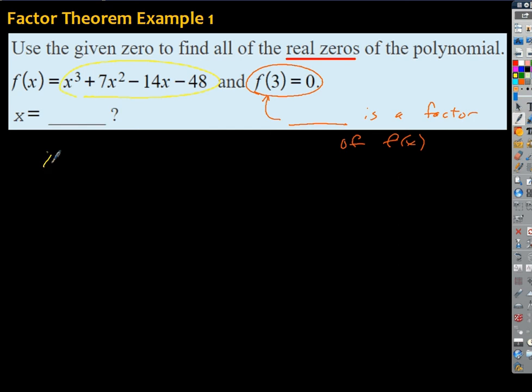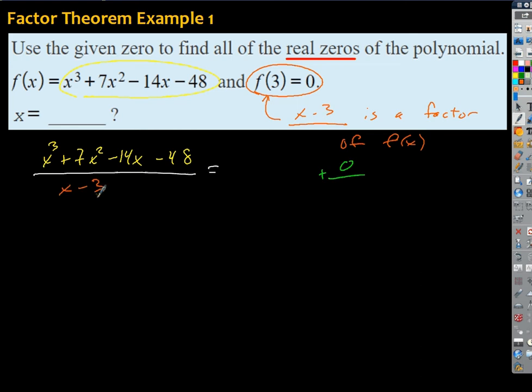So if I divide x cubed plus 7x squared minus 14x minus 48 by something, I should get back some answer plus 0 remainder on the top. What was it? X minus 3. Exactly, right?